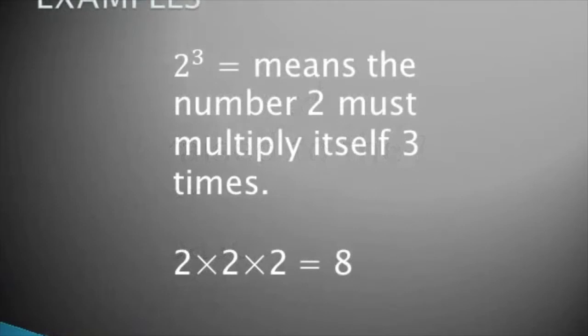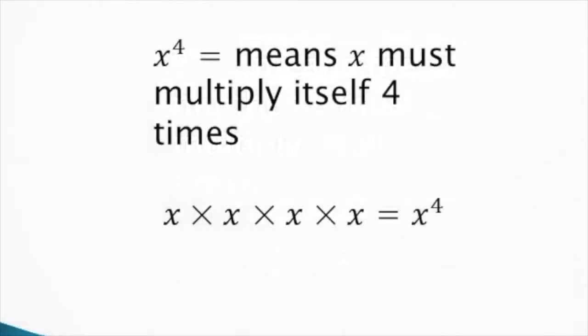Example, if we have 2 to the power 3, which is an exponent, what does it mean, or how can we solve it? 2 to the power 3 means 2 must multiply itself 3 times. Thus, 2 times 2 times 2, which equals 8.